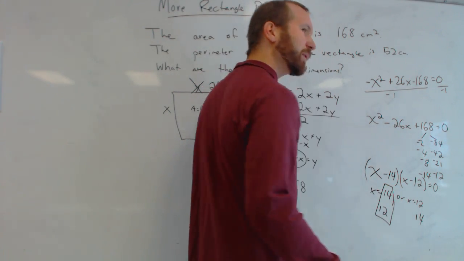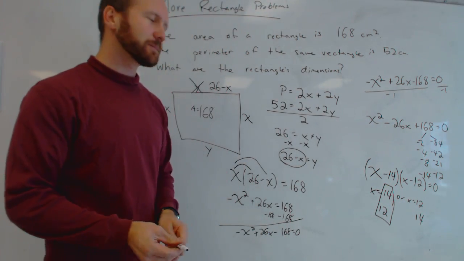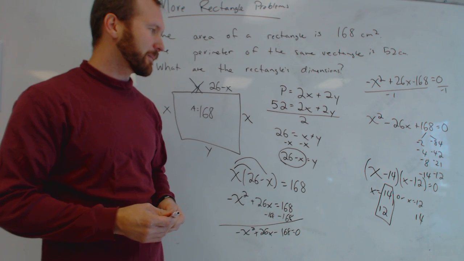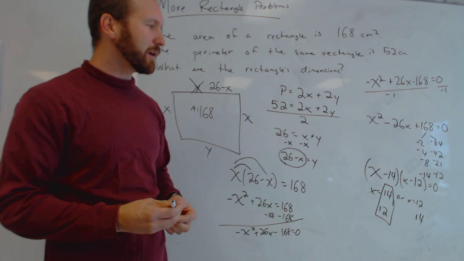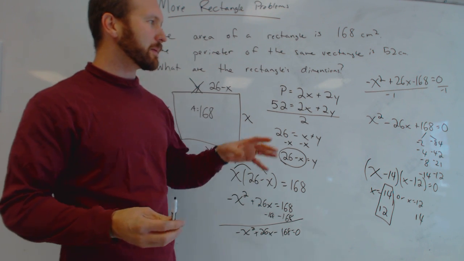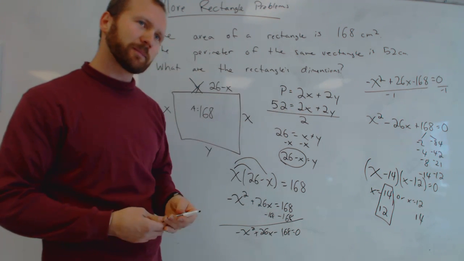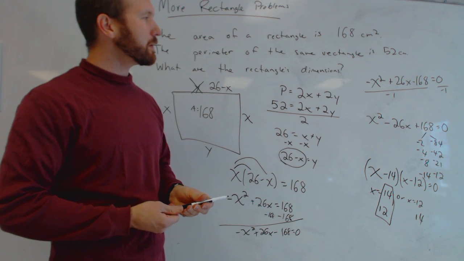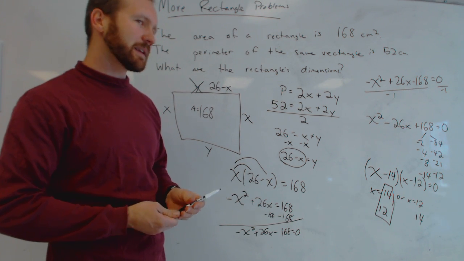I actually don't know the answer to that. I think it will always be true for problems like this one, but I don't know if all perimeter problems always end up like this.